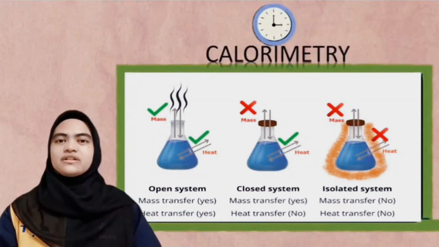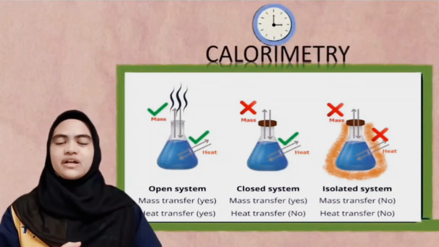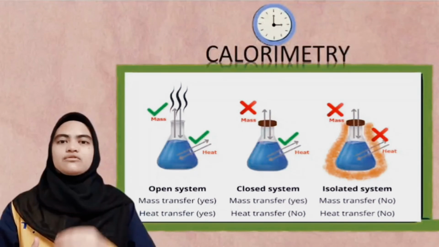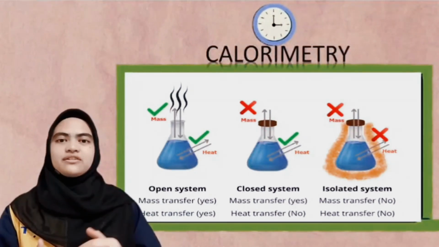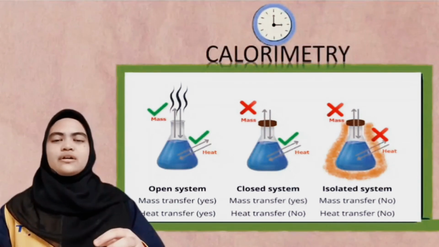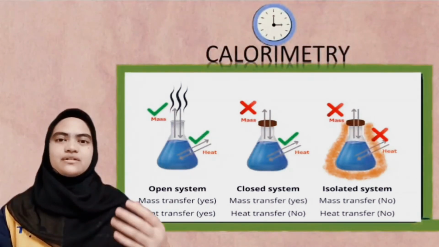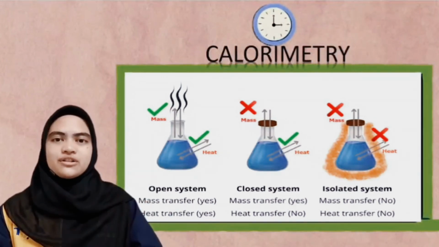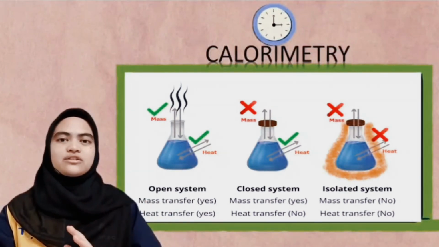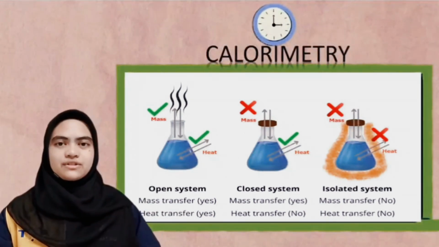So in calorimetry, there are three systems: open, closed, and isolated system. An open system allows mass and heat transfer in and out of the system. A closed system does not allow mass transfer, but it allows heat transfer. And an isolated system does not allow both mass and heat transfer in and out of the system.